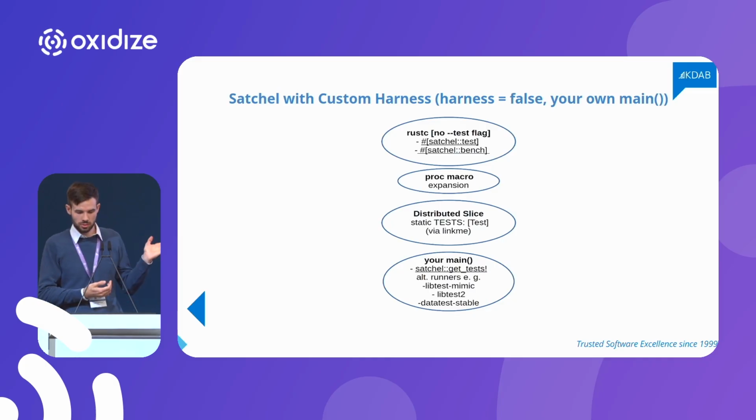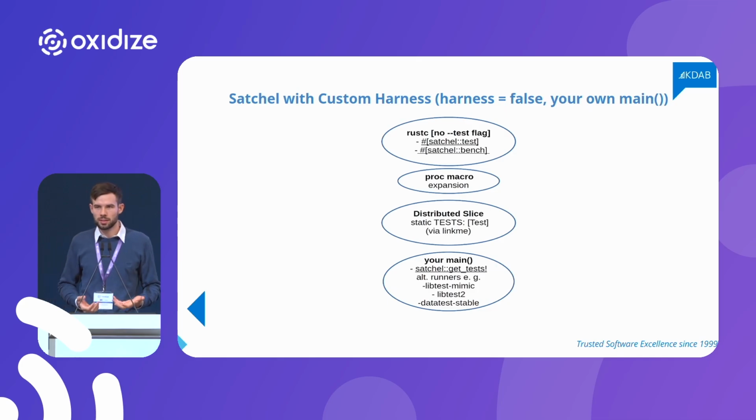So we went out to recreate it, and it's actually quite a simple macro that is implemented as a procedural macro, and basically generates these distributed slices that linkme provides us with. And linkme will then statically, with basically zero runtime cost, collect all of these items at link time, no matter where they are in your crate.